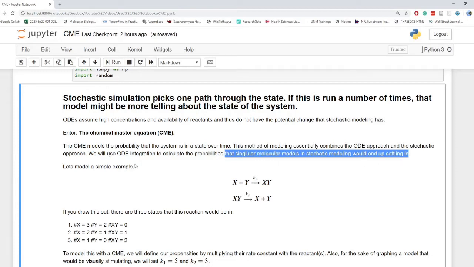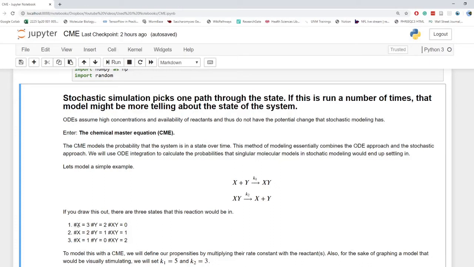So let's consider a simple example for the CME that we'll do today. We'll just do an association and a dissociation reaction with different rate constants, K1 and K2. If I start with 3 X's, 2 Y's, and 0 XY's, we can draw this out and we would actually only have 3 available states for what our mixture would be in.